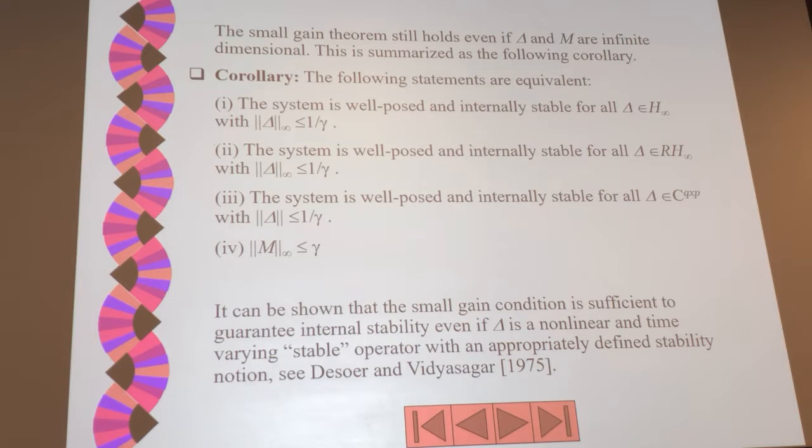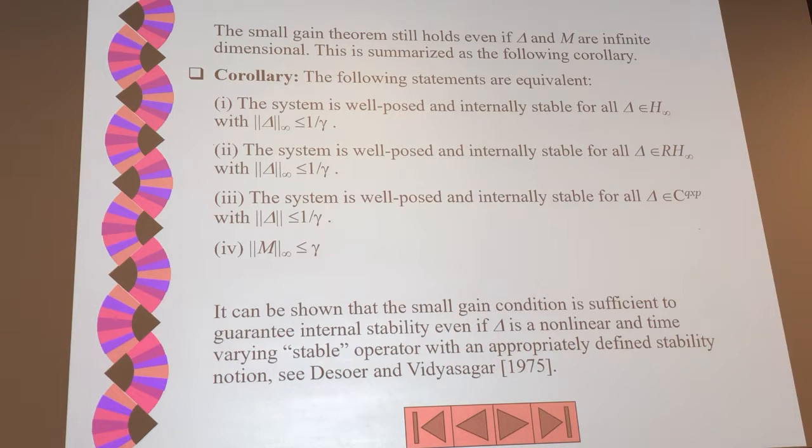So that sufficiency is interesting, meaning this delta doesn't have to be LTI. Actually, it could be in general a nonlinear time varying thing there. Because it is sufficient, that sufficiency will give you further help on those nonlinear time varying ones, if it is, of course, a stable operator.